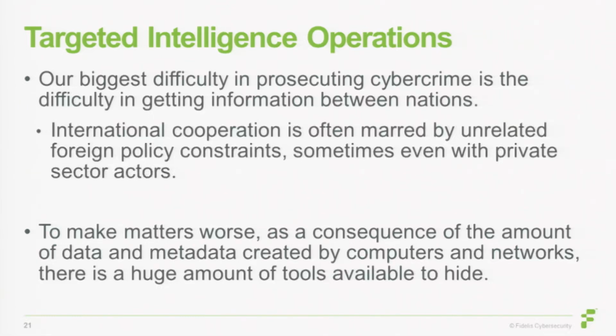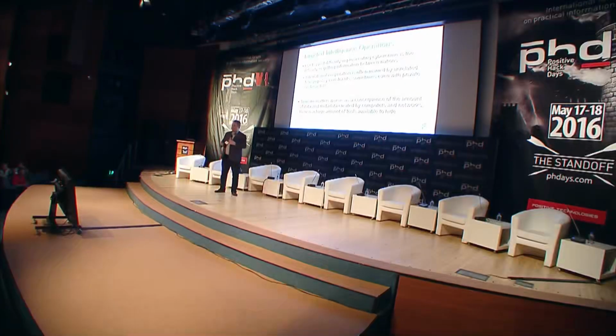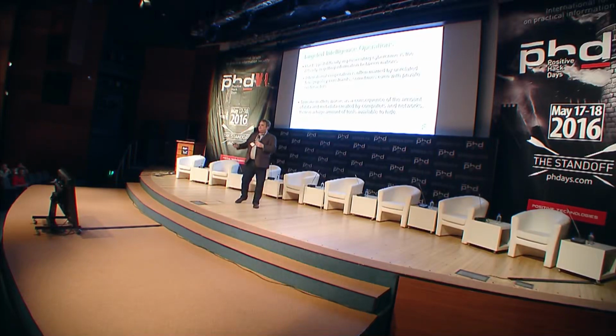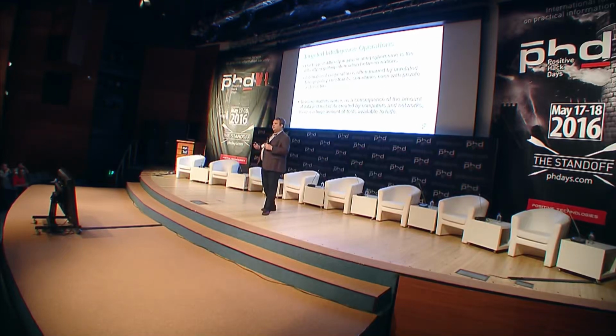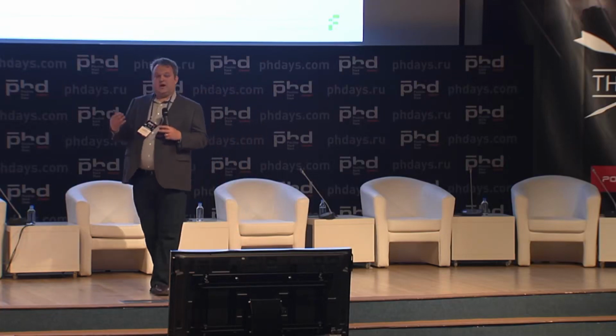So doing targeted intelligence operations is doing subtle ways to get information, usually when more direct and legal means aren't really available. The other aspect of this is that even if there are legal means available, there are a lot of privacy protections in our internet-connected world, as a consequence of the amount of data generated every day for people who use social media or Gmail, or take pictures, the metadata just in pictures from your phone.